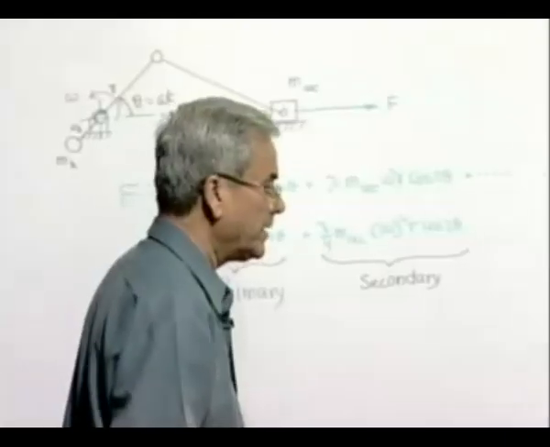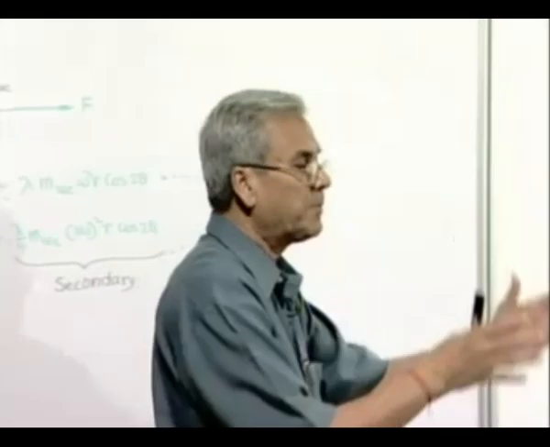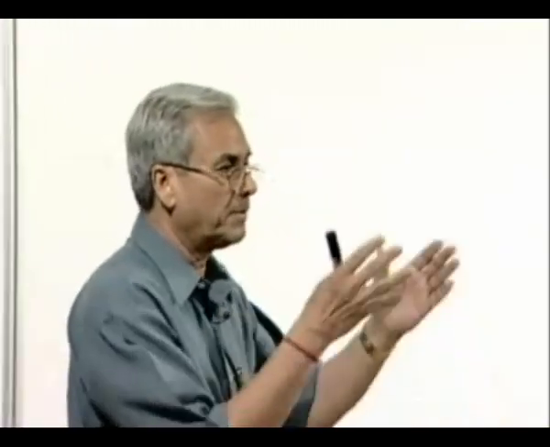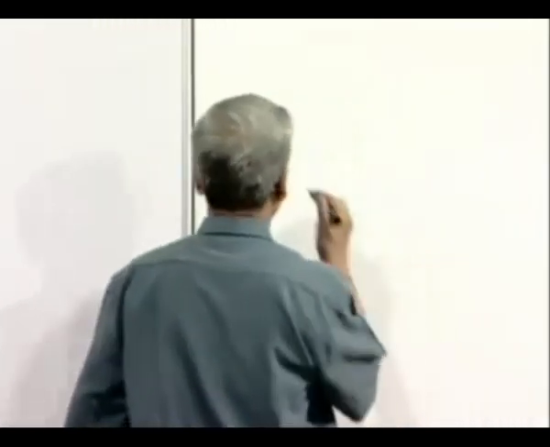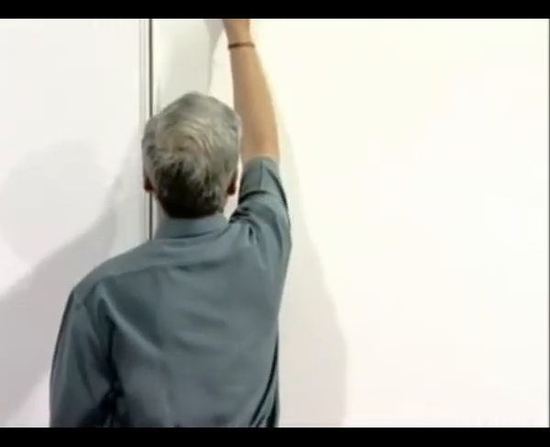So, there are many ways where these multiple slider crank systems or multiple cylinders in an engine can be placed. One most common example or situation is the inline engine.